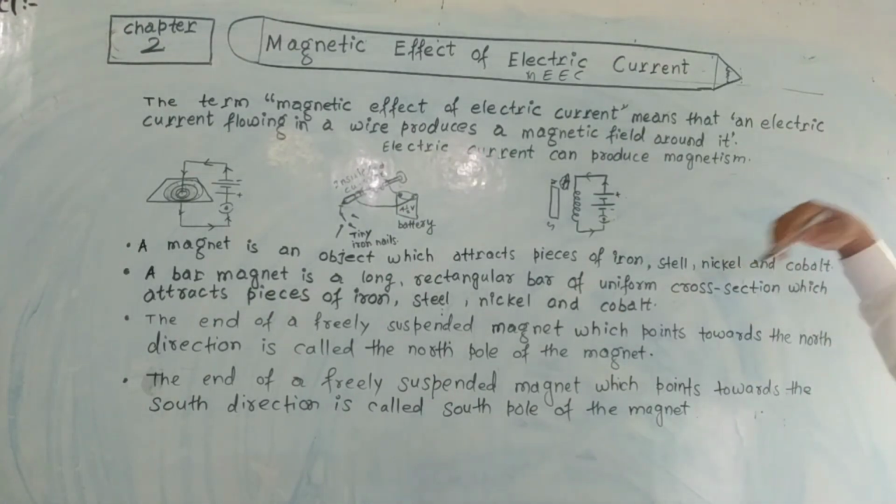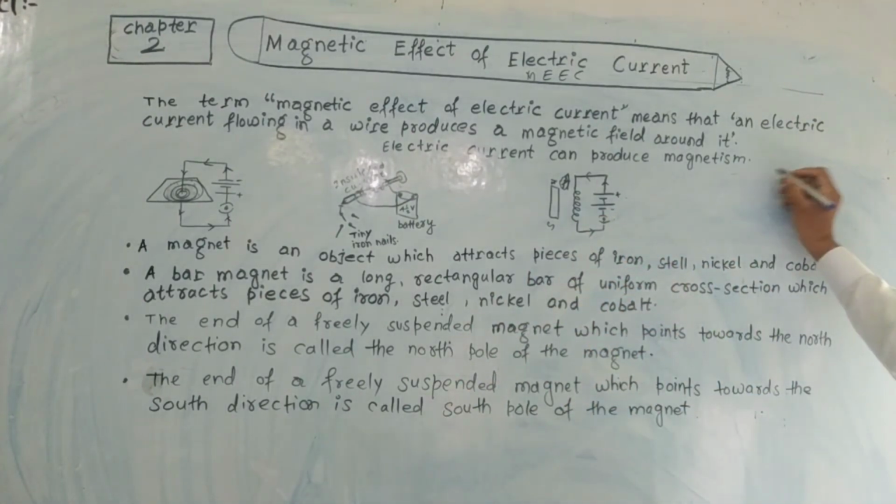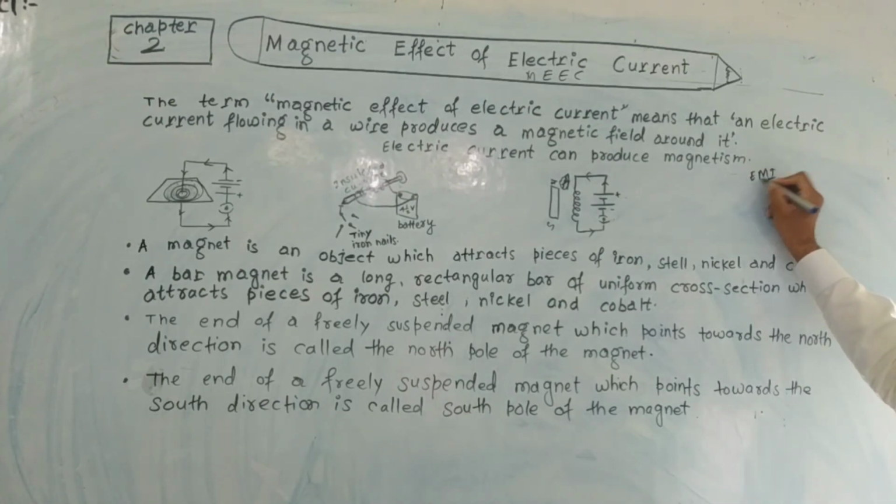This is called the magnetic effect of electric current. Another scientist discovered another type of effect called electromagnetic induction.